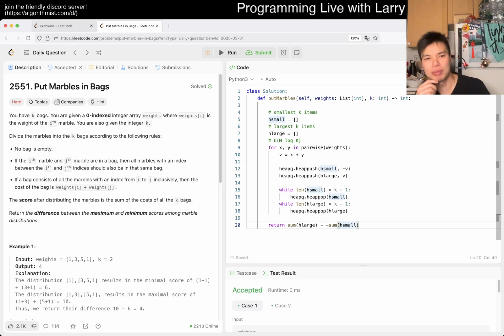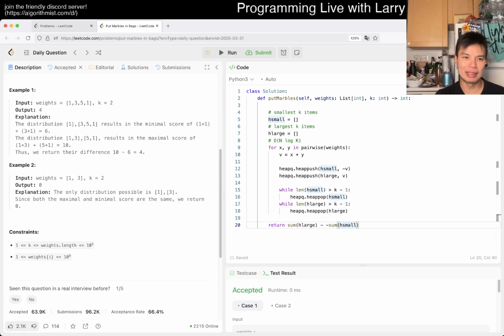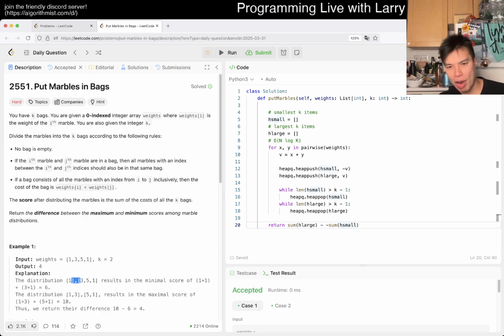I don't really have much more to add to this one. This is a pretty standard application of top k. I think the tricky thing, obviously, is seeing it in the way in which you have to divide the array.